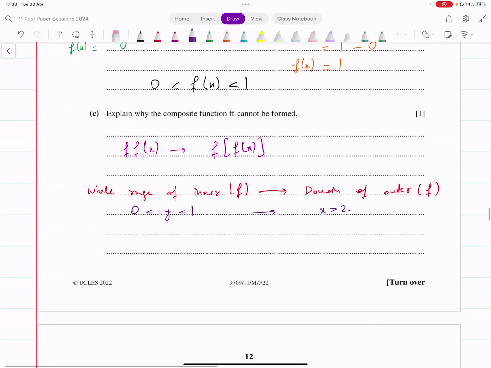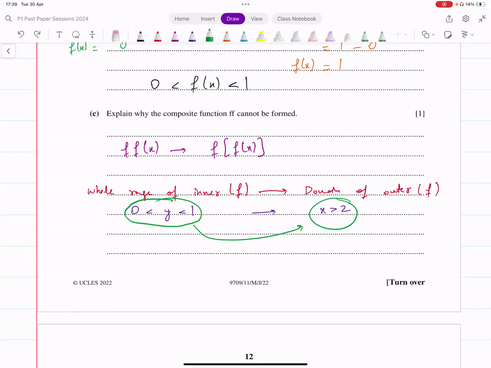Now you can see we've got a problem. This is what the function f is giving you as an output: a number between 0 and 1. This number cannot be input here because f can only accept values that are greater than 2. The output that's coming from f is between 0 and 1, and the input that it can accept is greater than 2.